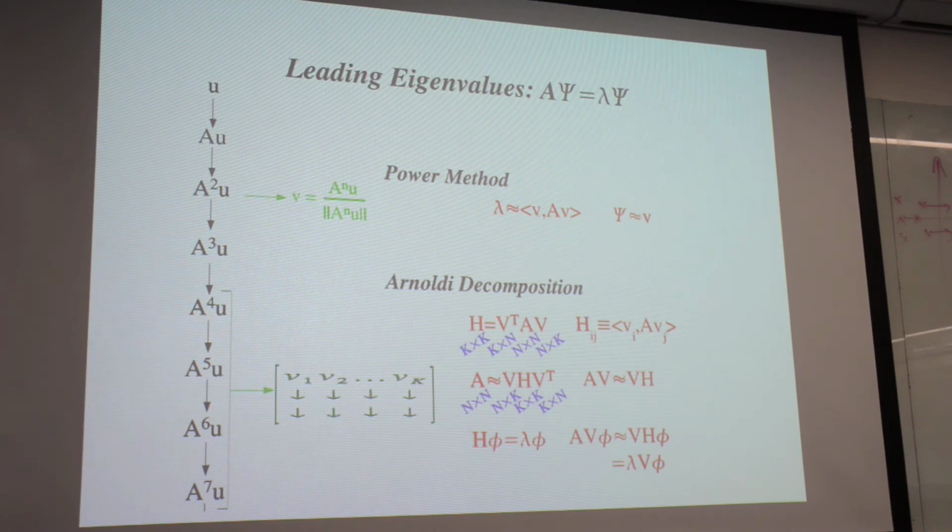And that's what's written in this top line. There's a generalization, supposing you don't just want the top one, you want a couple of them. Then you take a bunch of the powers here, you arrange them, you orthonormalize them, and you arrange them in a matrix. It's called V here.